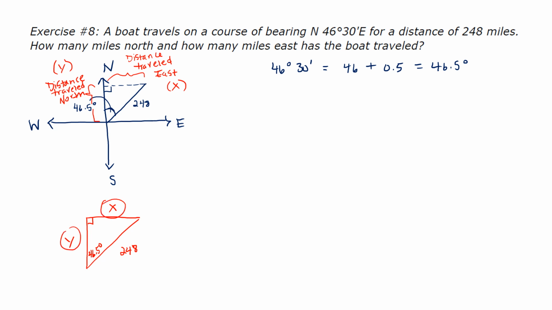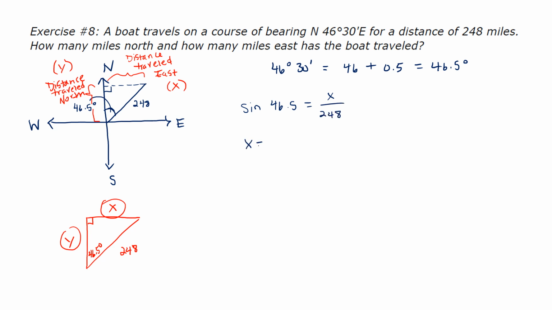All righty. Okay, so now we need to find x and y. We have our angle measurement for reference. Okay, so we have our hypotenuse and we need to find the opposite and adjacent sides. So we know we'll be using sine and cosine to help us. So the sine of 46.5 is going to be our opposite over our hypotenuse.